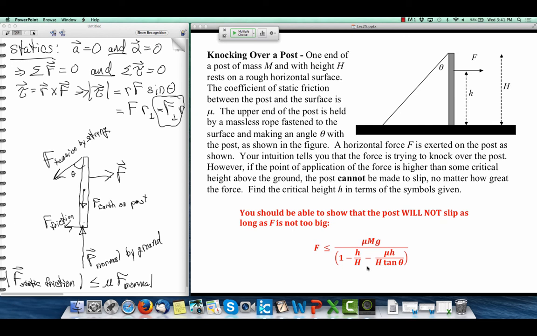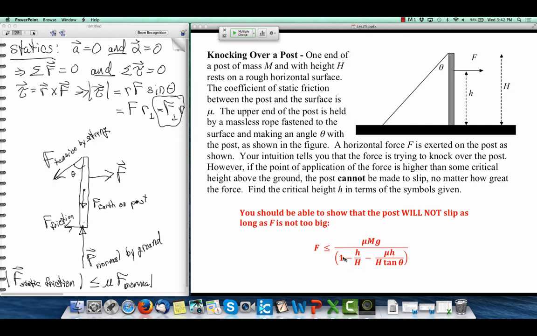The force is less than or equal to some complicated mess you get because, of course, you had 3 equations and you worked out the algebra and you got this. So what does it mean to say that the force can be as big as you want it to be? Well, look at this equation. Down here at the bottom is a number that can get close to 0.